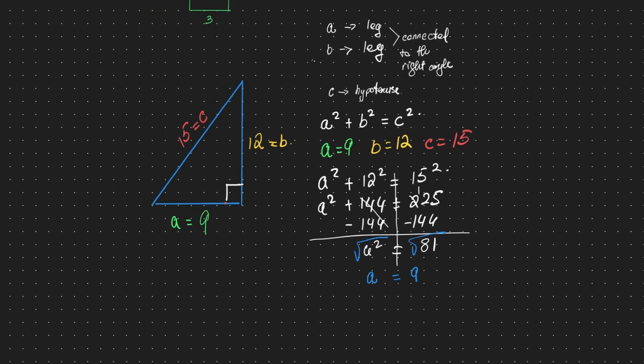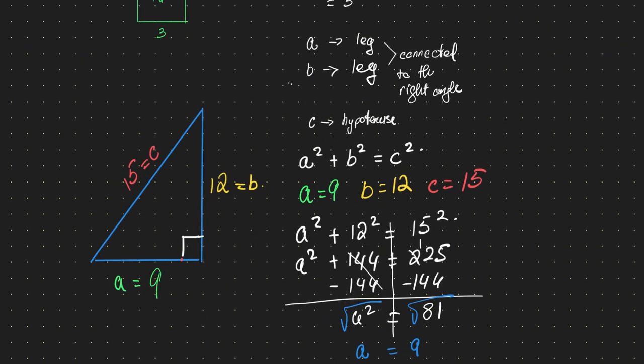As you remember from our previous example, you won't always be given the legs, so you need to treat a squared plus b squared equals c squared as an equation, and solve it as an equation. One of the most important things that my students always confuse is which ones are the legs and which one is the hypotenuse. If you get that down, you should be able to plug the numbers into your equation and find the answers.